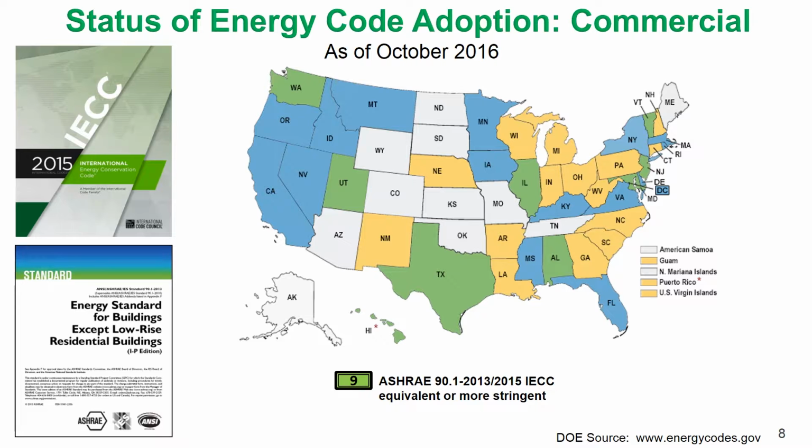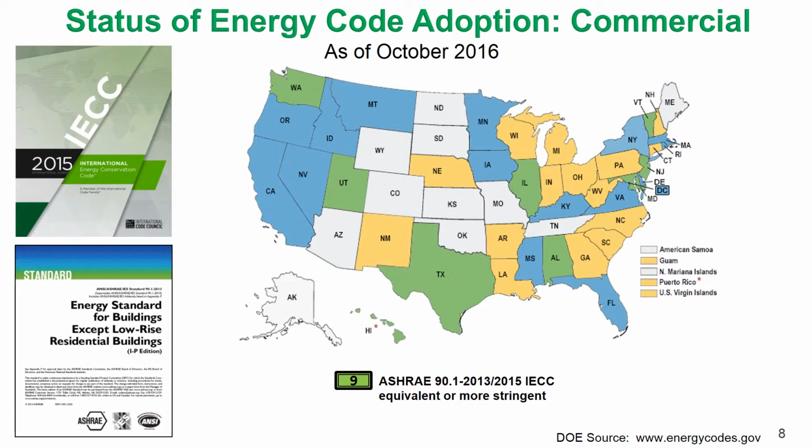In general, this map highlights or color codes various states and makes note of which state is adopting, will be adopting, or currently enforcing a particular version. So as of October 2016, 9 states are either using the 2015 IECC or ASHRAE 90.1 2013, or if they have a state-specific code that is equivalent to these 2 standards or more stringent.